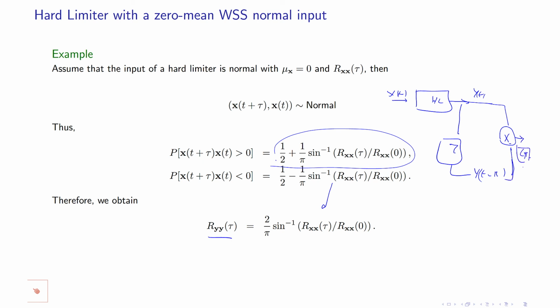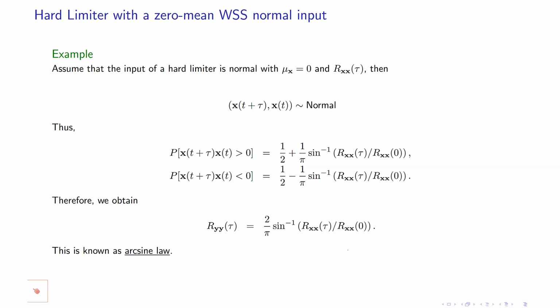A low-pass filter is like an averaging, so it's going to give me roughly this. This circuit is quite often used to calculate RY of tau, which is related to the autocorrelation of the input. It's a very simple circuit which can calculate the cross correlation between x of t and y of t.